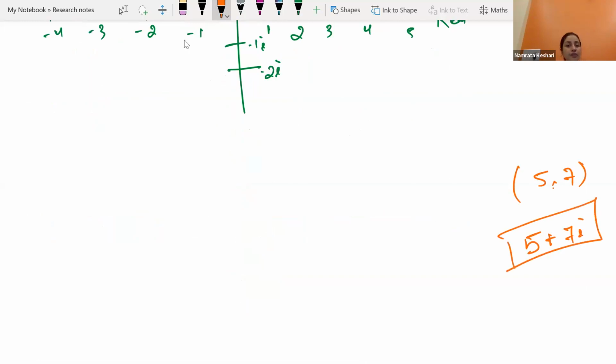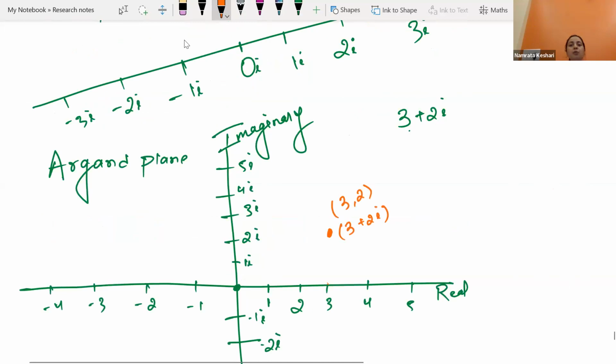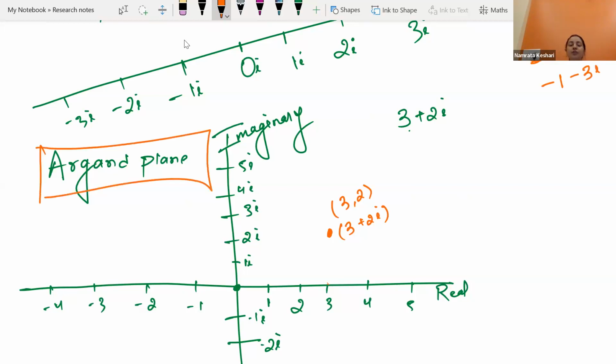Suppose the complex number is given as, let me take a smaller number, -1 -3i, and we have to represent it in the Argand plane, where we can represent any complex number.